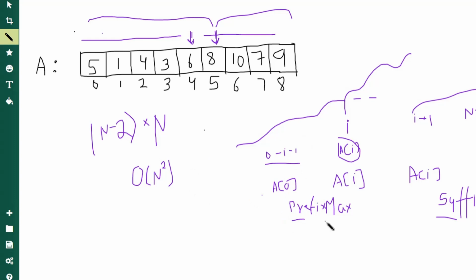So for that we can pre-process two arrays, prefix max and suffix min, such that prefix max I is the largest element from 0 to I inclusive.